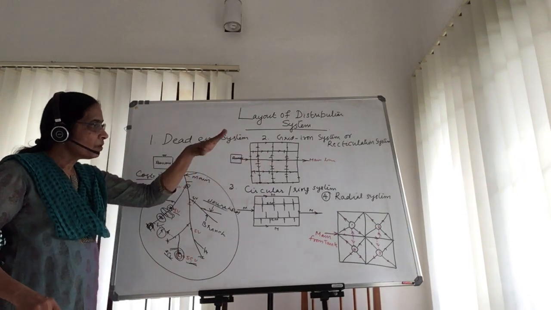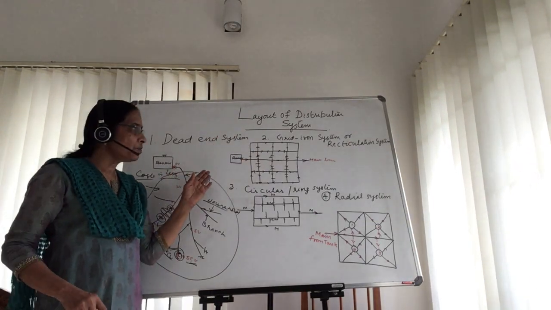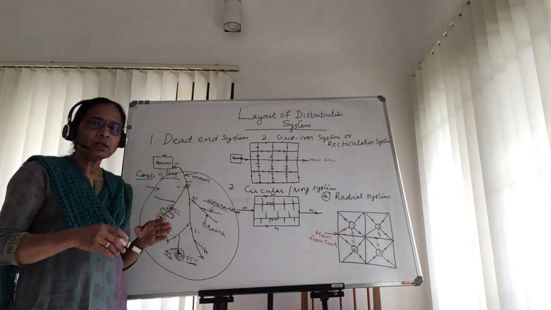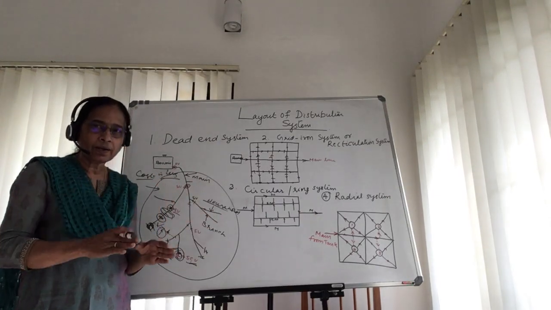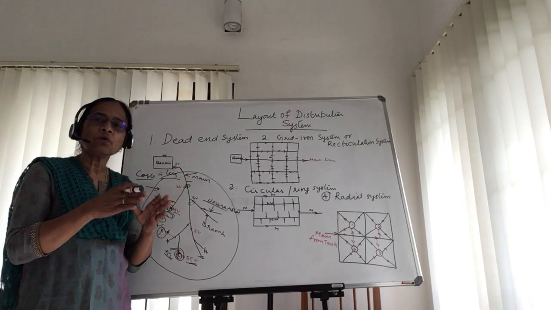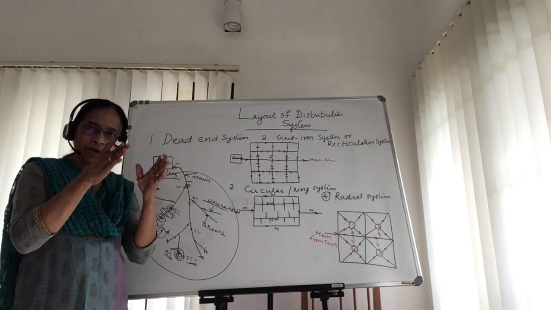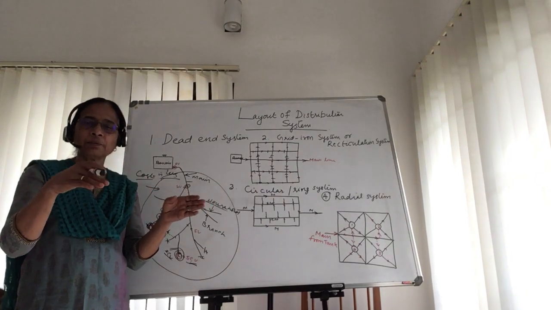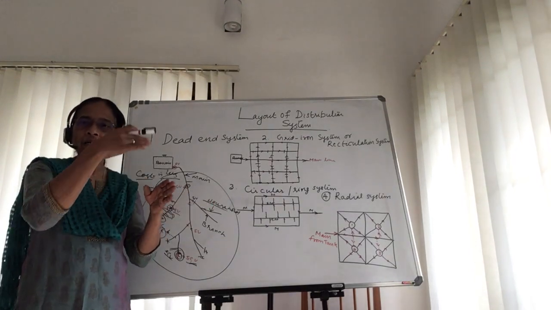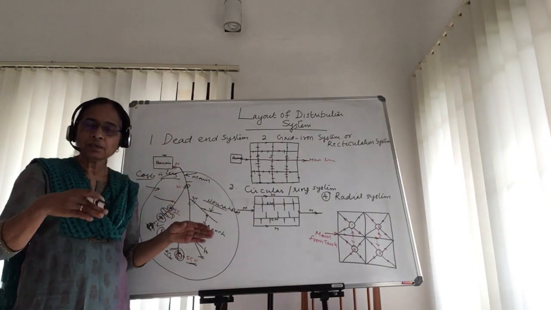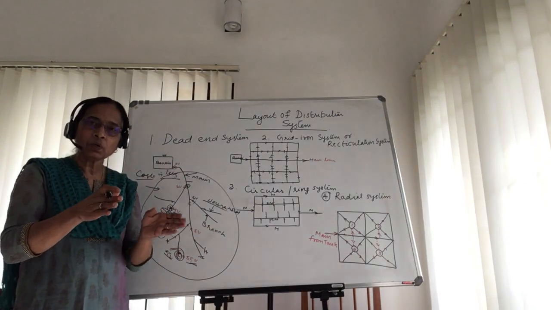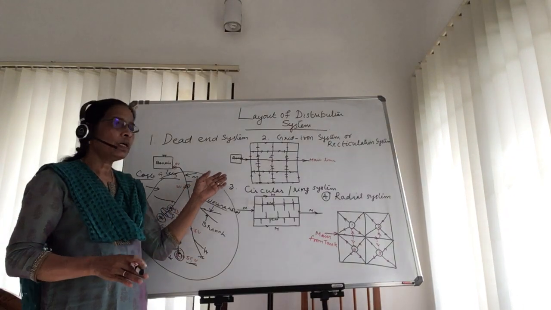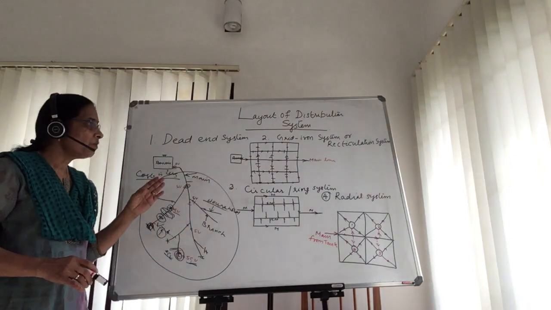And here you can see that this type of system can be recommended in cities where the roads are already planned and in the form of a grid. There are parallel roads, and these parallel roads are interconnected, perpendicular as well as parallel to the main line. That is the peculiarity of the grid iron system. And what is the advantage?